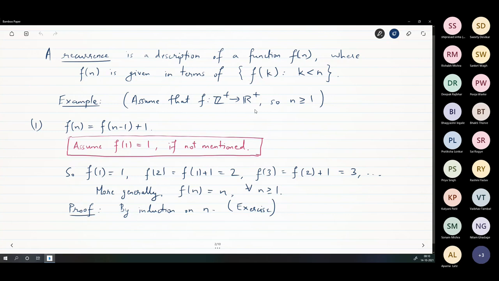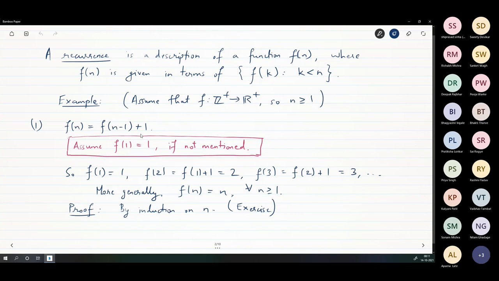Let's start with a basic example. The description is: f(n) = f(n-1) + 1. Suppose only this much is given to you, and then it is asked, what is f(n)? What's the formula for f(n)? You have to find it out. That is what is meant by solving recurrences. So f(n) = f(n-1) + 1.